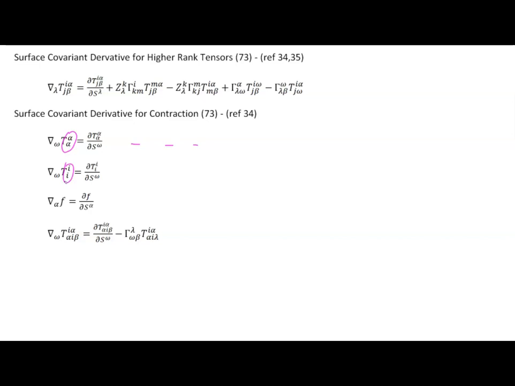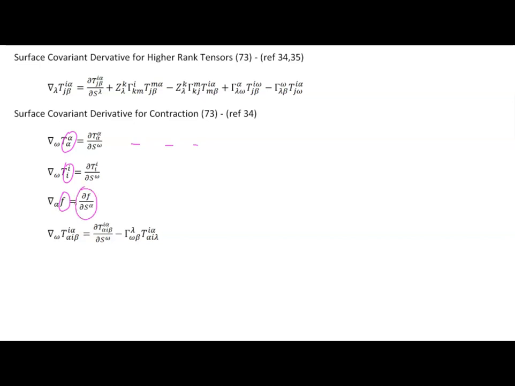Both of these are, so there are no extra terms. And we discovered that that means that the covariant derivative of a tensor of rank 0 is just the partial derivative. It has none of these extra terms. And that leads us to see that therefore the covariant derivative of a scalar function is just its partial derivative.